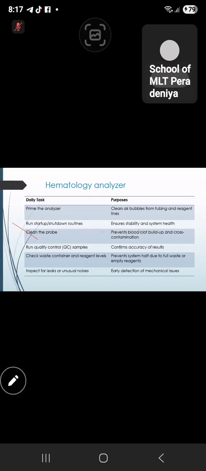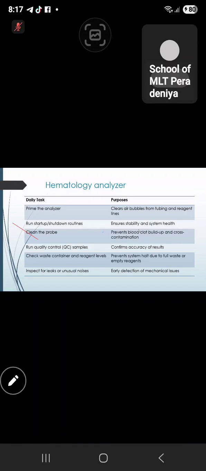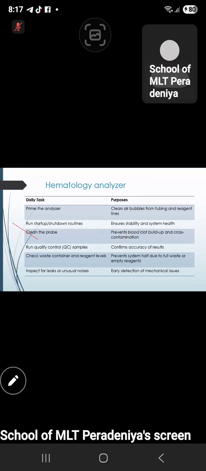The purpose is to remove the air bubbles in the tubing and reagent lines. That is the first. And when it is the startup program or shutdown routine, it is an inbuilt system, so it will do the necessary cleaning before it shuts down, right?